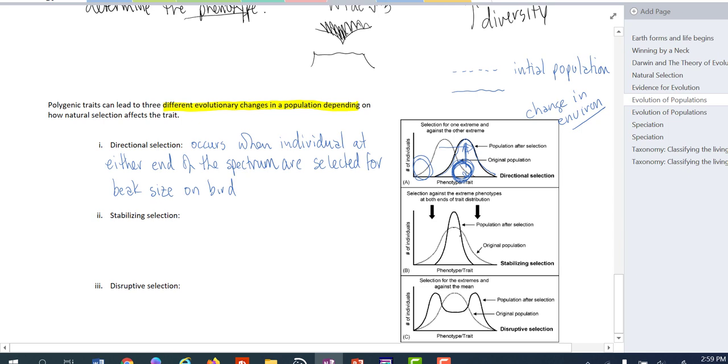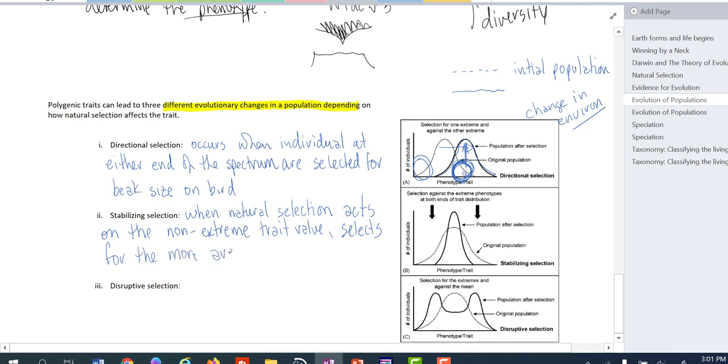So if we look at the graph down here, in this case, natural selection acts on the non-extreme trait value, in other words, selects for the more average form.